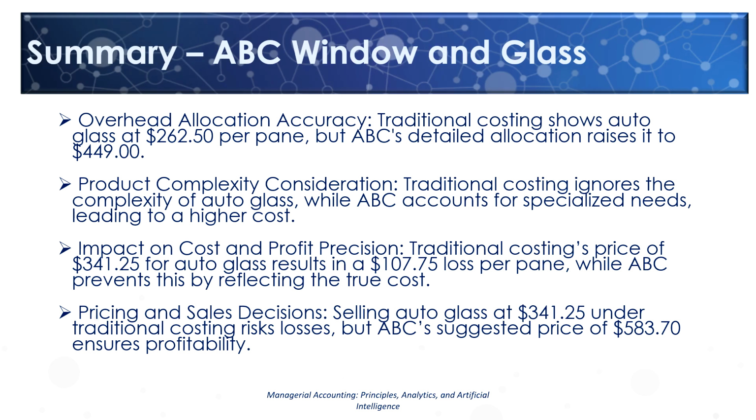However, we would actually be losing money because the detailed allocation shows a $449 cost. If we wanted a margin of a similar expected amount using ABC, we might actually price a pane of auto glass at $583.70 to ensure the profitability we desire.